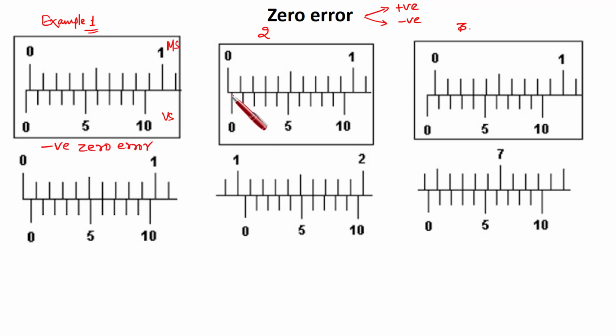In this case, look here, the vernier scale 0 is on the right side of the main scale 0, so that's why it is a positive error, positive 0 error. Similarly here it is a negative 0 error.